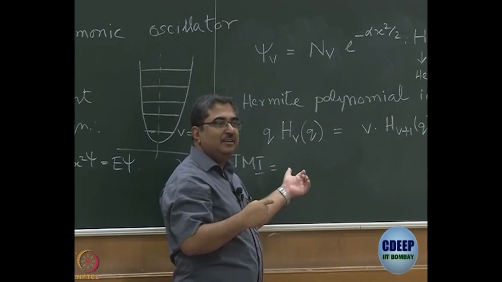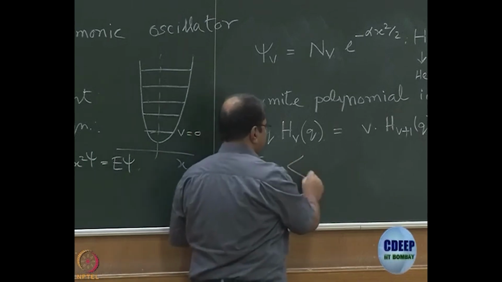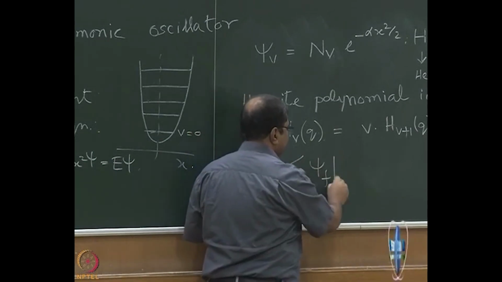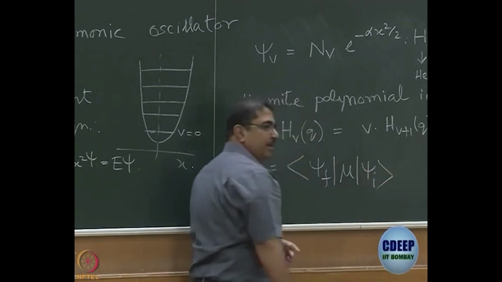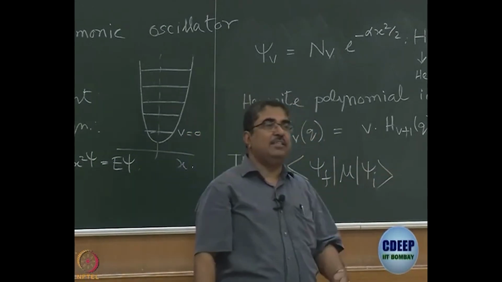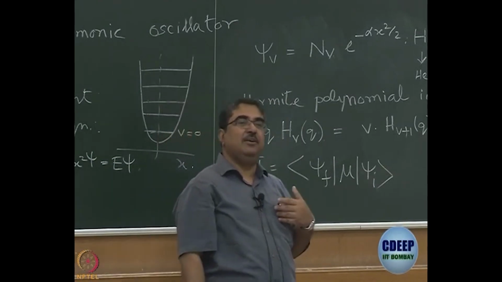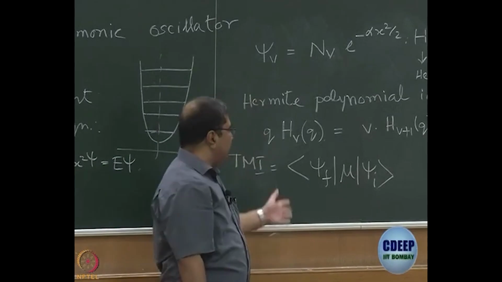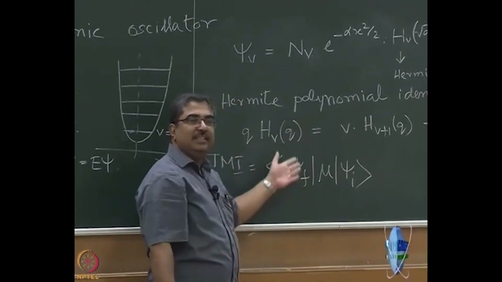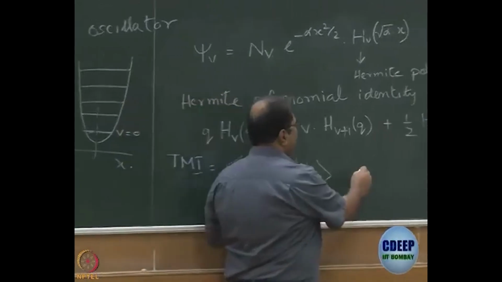Today can I write brackets? Okay, thank you. Something like this, psi f mu psi i. Psi i is the wave function of the level of origin, psi f is the wave function of the level that is destination. Okay. Now, before we proceed, we already know what psi i and psi f are. Okay. Let me see what mu is. How do I write mu?